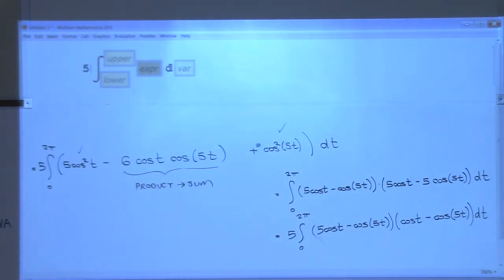We had a 5 on the outside. We were going from 0 to 2 pi. All right. All that, right?